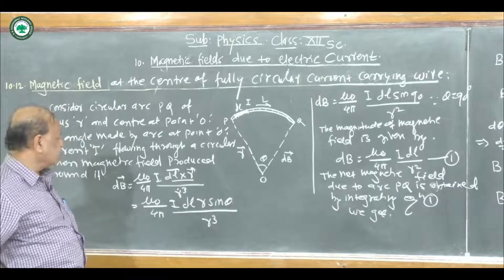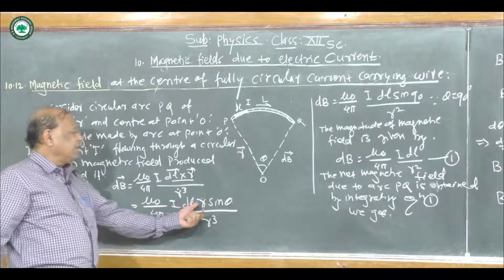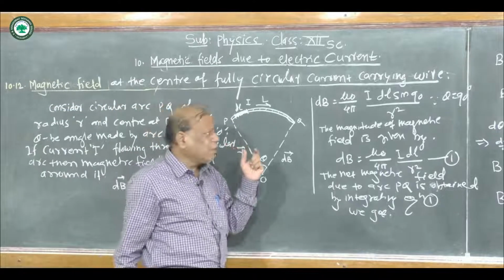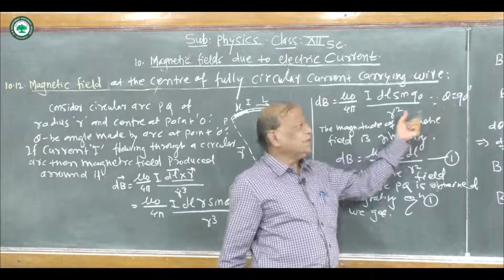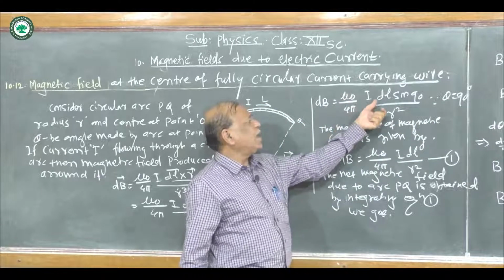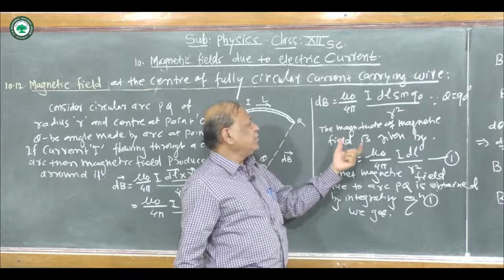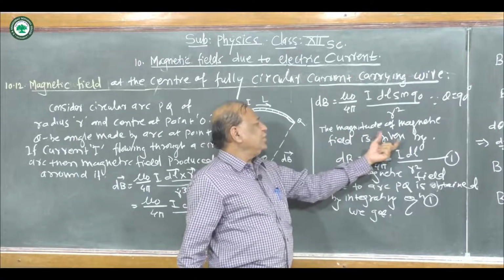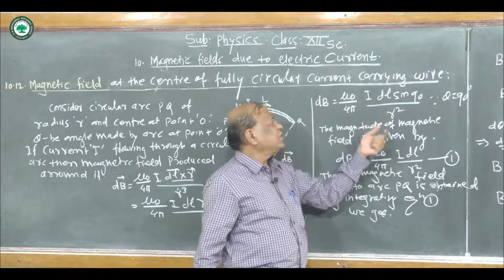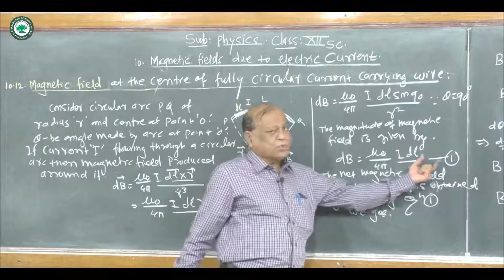According to the definition of the cross product, the equation is mu 0 upon 4 pi, I dl r sin theta over r cube. But here the magnetic field is perpendicular, therefore theta is equal to 90 degrees, and the equation becomes dB is equal to mu 0 upon 4 pi, I dl sin 90 over r square. Now sin 90 is 1, so dB is equal to mu 0 upon 4 pi, I dl r over r cube. One r cancels, and that equation becomes equation 1.